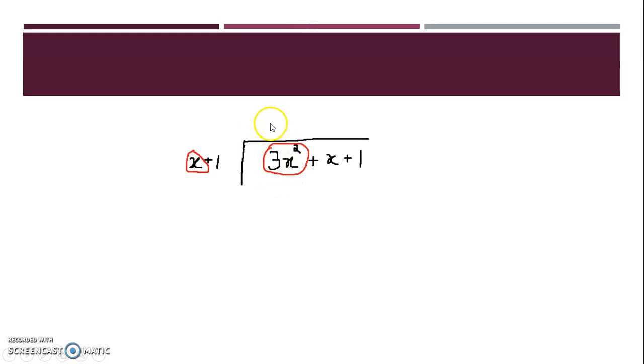So we have to find out some number or some term, so that when we multiply it with the divisor, it should give us a term with 3x square.